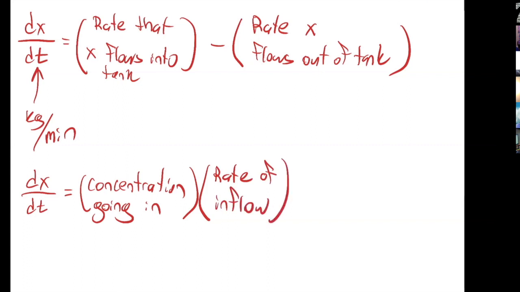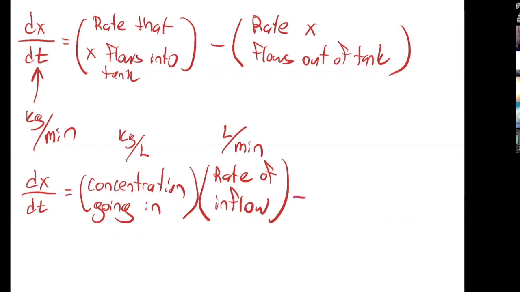We take the concentration going in and then multiply by the rate of the inflow. Just to check the units, the concentration would be kilograms per liter, and the rate of these flows would be liters per minute. When we multiply them together, we get kilograms per minute.